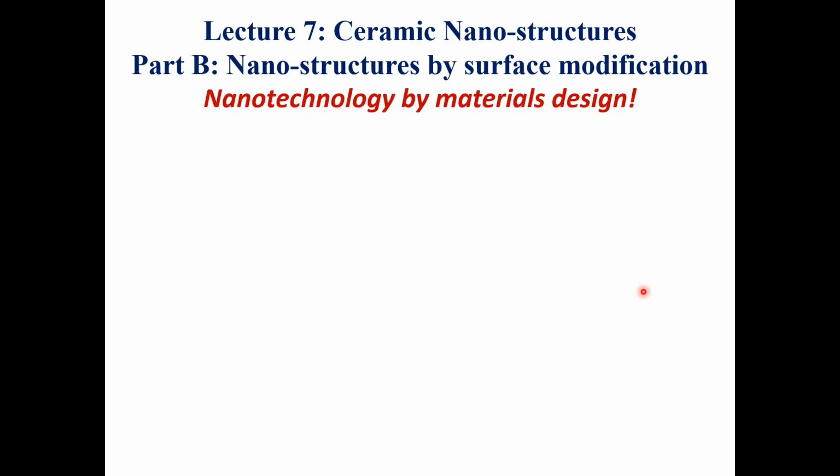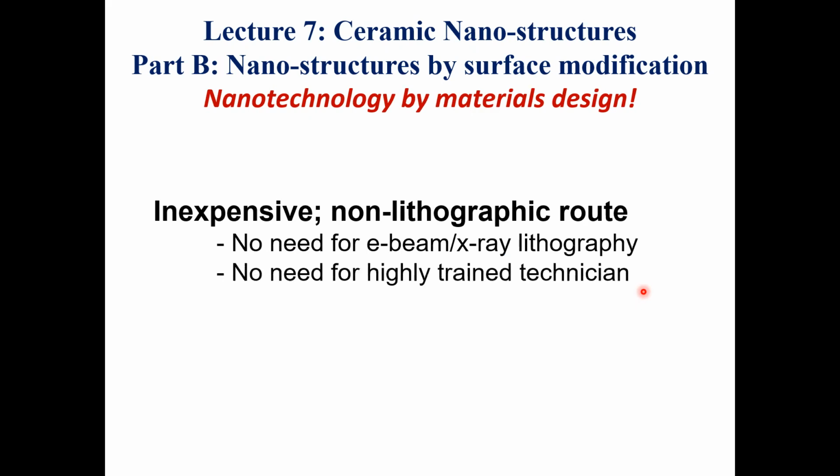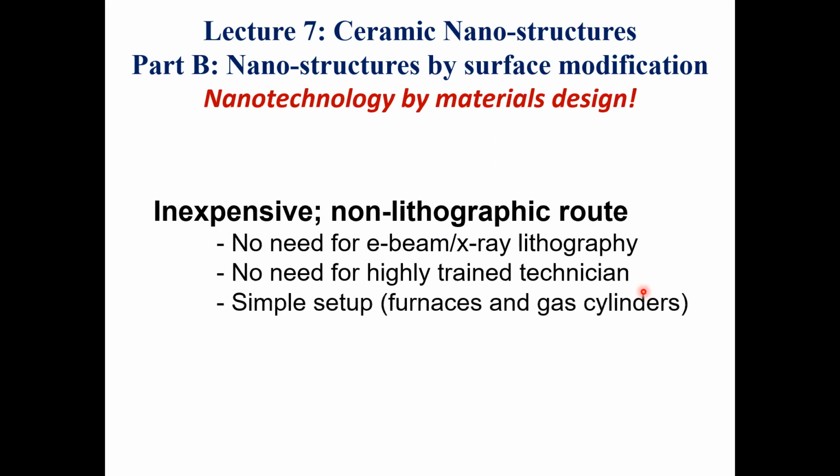You'll see that one can exploit the intrinsic material properties to create ordered and oriented nanostructures on the surface of the material. It's inexpensive because it's non-lithographic, with no need for E-beam or X-ray beam lithography. Those are expensive, and need a highly trained technician to maintain. It needs only a simple setup like furnaces and gas cylinders.